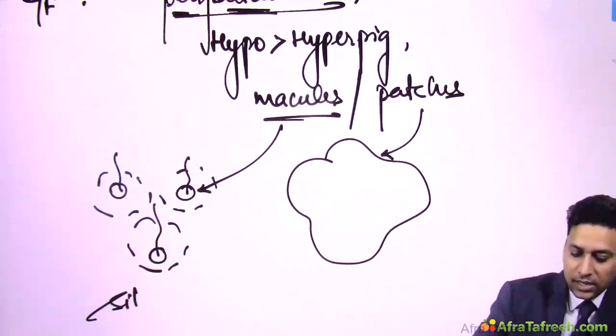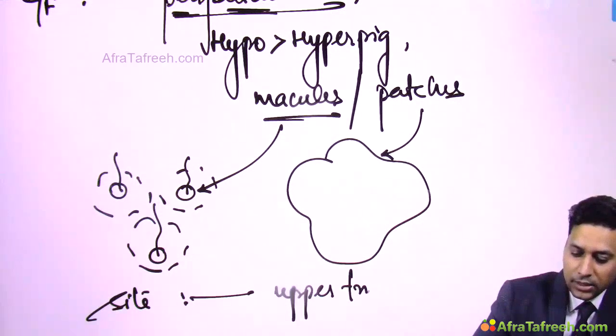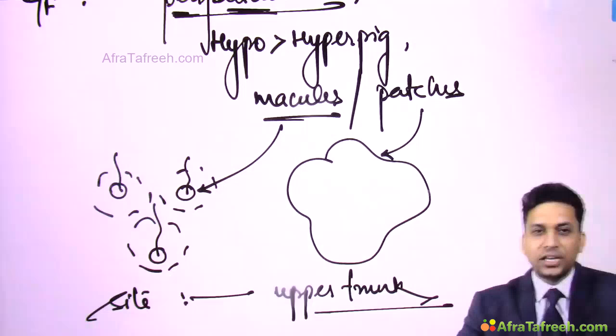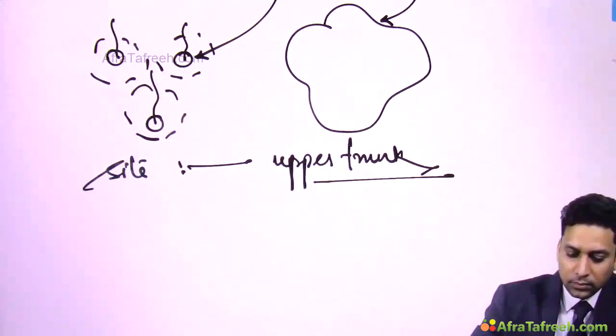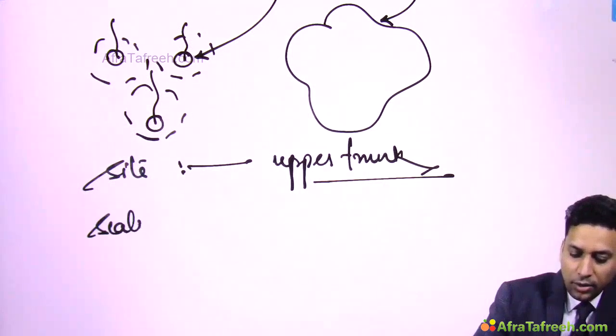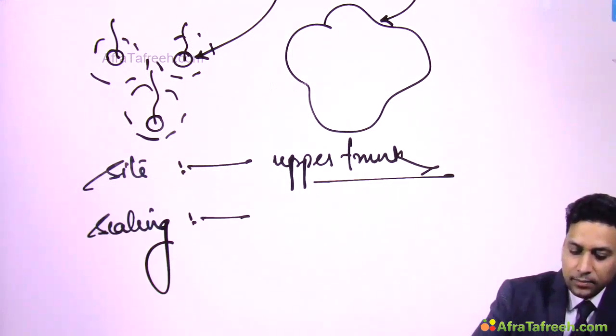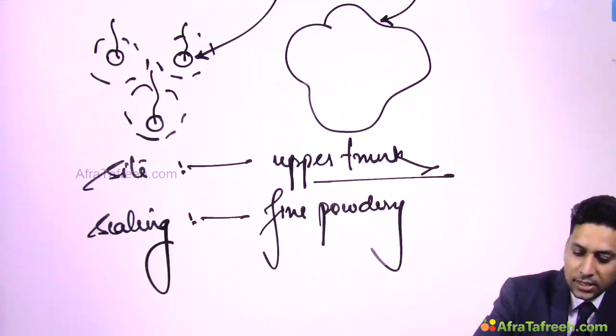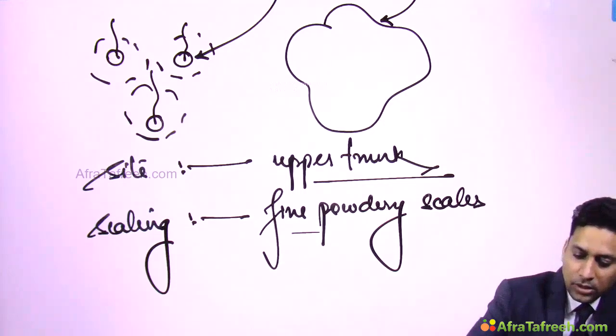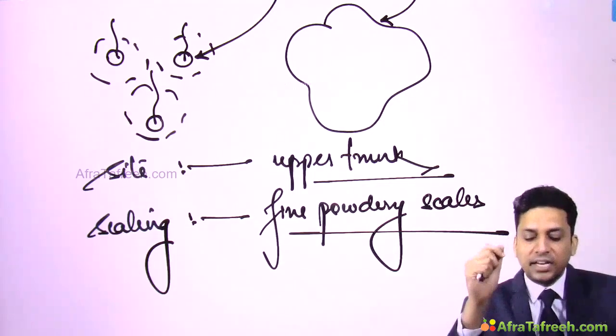The site is usually the upper trunk, that is upper chest, back, shoulder, neck area. This is the common site which is involved. Scaling, I already told you, very fine rice powder like or simply powdery scales are seen. Now because these are very powdery or fine scales, many a times they are not visible.